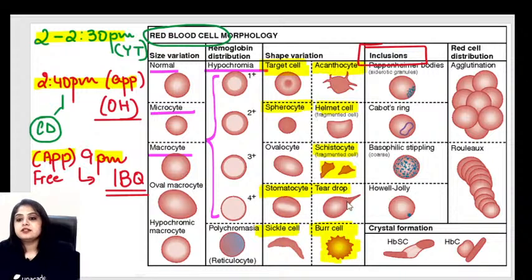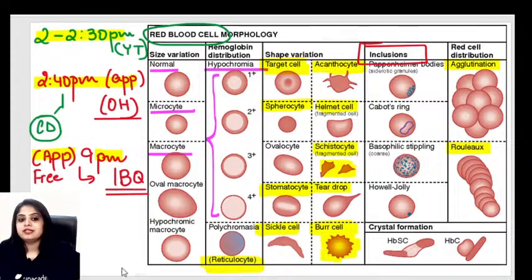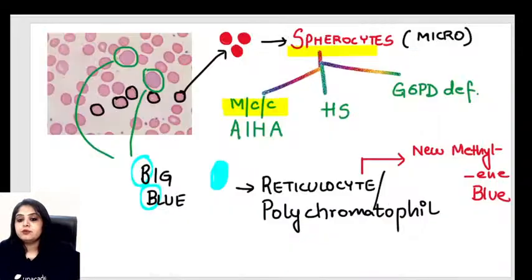Lastly, when there is a teardrop cell, tear sounds like dacro, so that is going to be a dacrocyte. Apart from that, did you also know when the clump is formed, that is an agglutination, and when a stack of coins is formed, that is going to be Rouleaux formation. Lastly, you also studied which was the cell which was big and blue. That is also what I taught you. The cell which was big and blue was a reticulocyte.